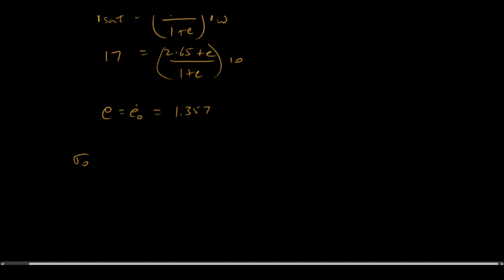Now sigma naught dash at X is nothing but sigma of XX minus the pore water pressure of XX.